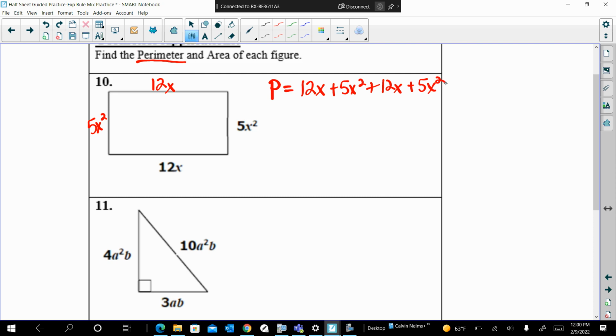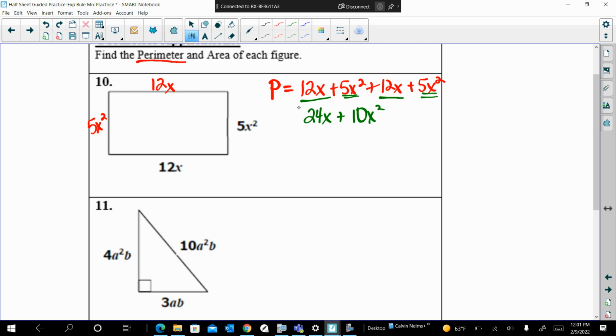I got to go all the way around. So 12x plus 5x squared. Now, when I'm adding, I can only add the like terms. So which are like terms? 12x and 12x, so that gives me now a total of 24x. And then the other set of like terms, 5x squared and 5x squared, so that's 10x to the second power.